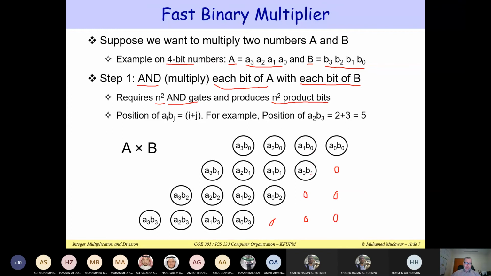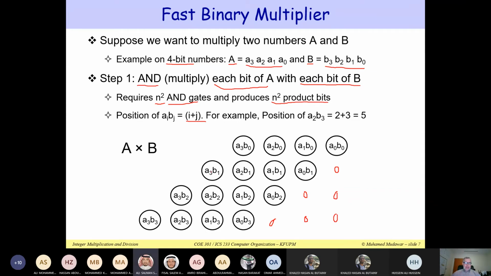This is 0 plus 1, equal to 1. Here we have 2 plus 0 equal to 2, 1 plus 1 equal to 2, 0 plus 2 equal to 2. So basically, by adding the indices i plus j, you get exactly the position of these product bits inside the product. You get this?